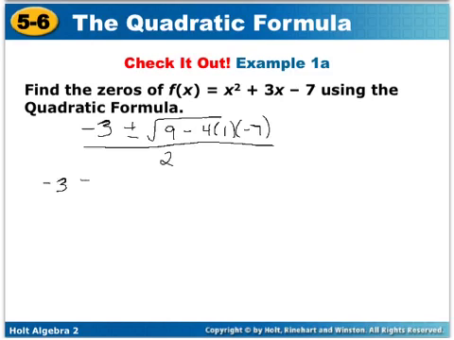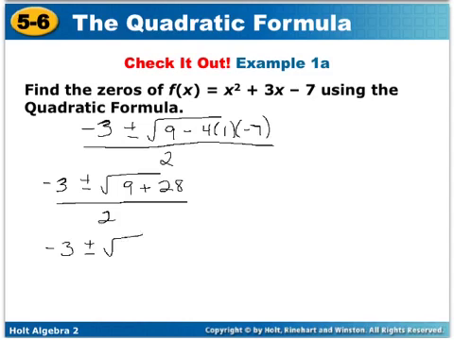Negative b plus or minus the square root. Let's see, 4 times 1 times negative 7 is 28. So we get 9 plus 28 over 2. Negative 3 plus or minus the square root of 37 over 2. 37 can't be simplified.